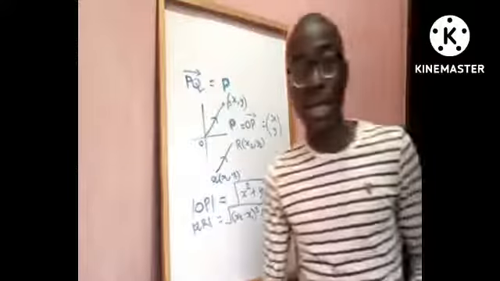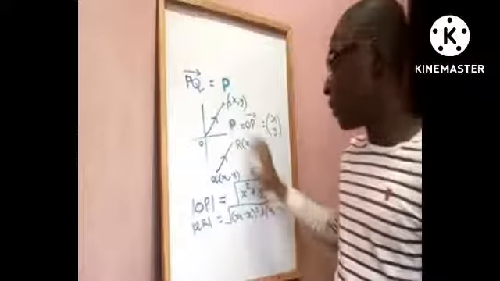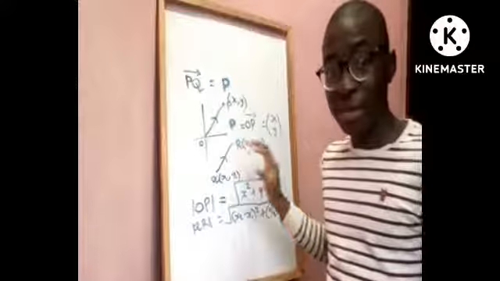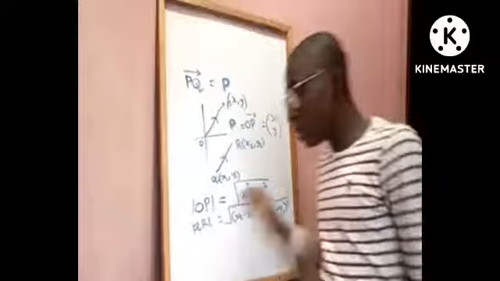So this is how to represent the modulus of a vector if it has been represented on Cartesian coordinates.